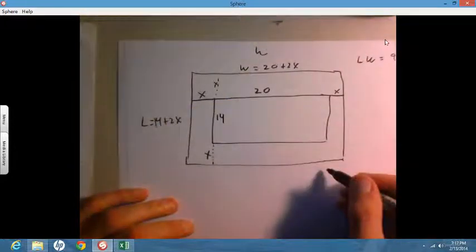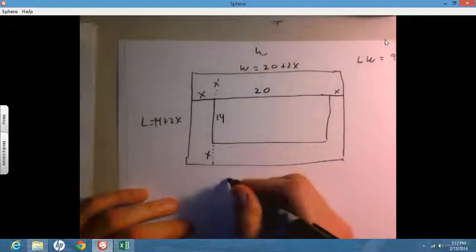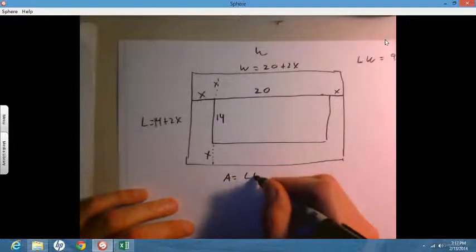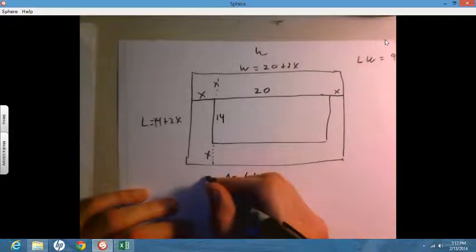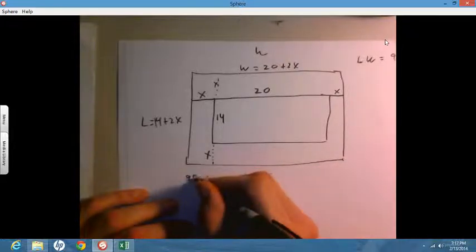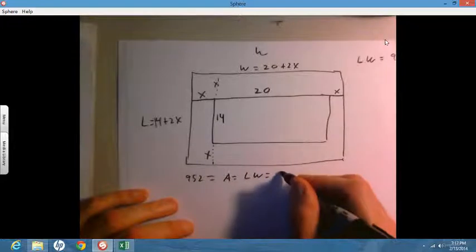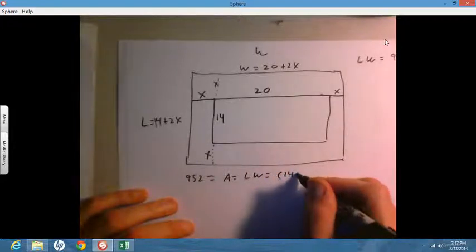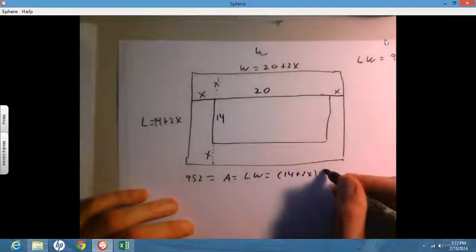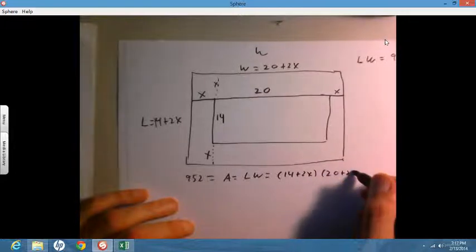So the area, which is equal to length times width, which is also equal to 952 square feet, is going to be equal to the length, which is 14 plus 2x, times 20 plus 2x over here.